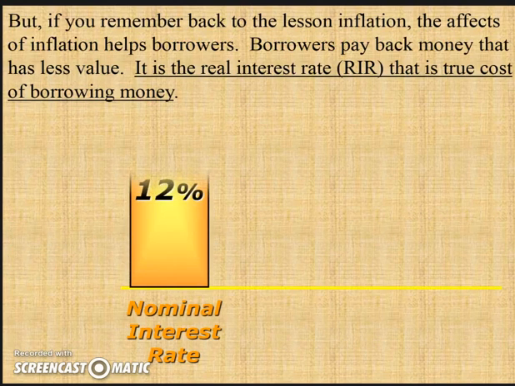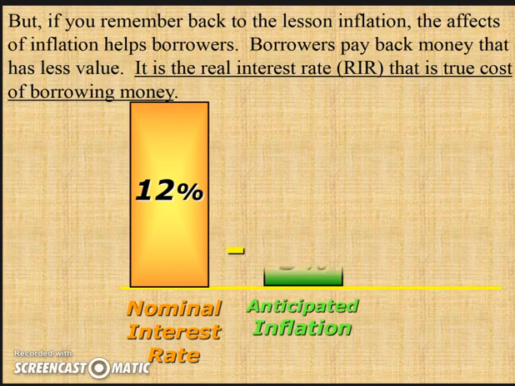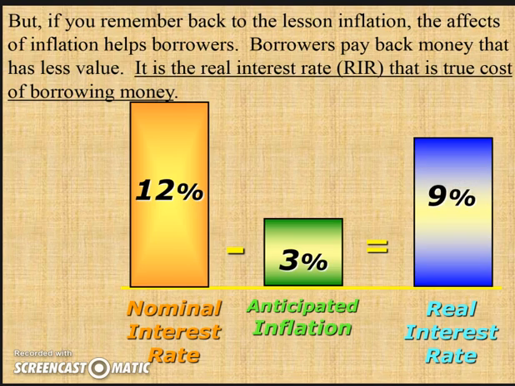But if you remember back to the lesson, the effects of inflation help borrowers. Borrowers pay back money that has less value. It is the real interest rate, RIR, that is the true cost of borrowing money. So we have a 12% nominal interest rate, 3% anticipated inflation, and then the real interest rate.